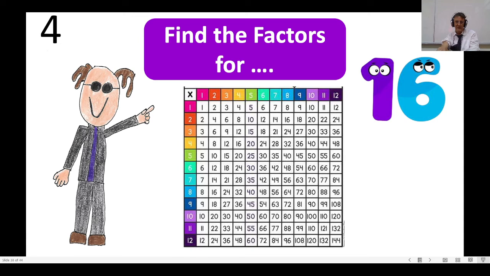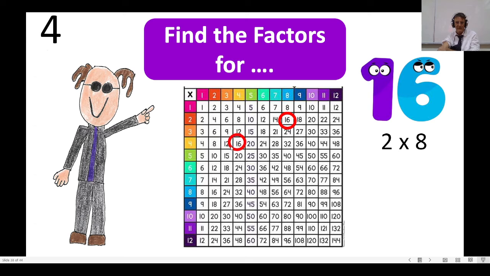Okay, so let's go along and have a look. We start with number 2. We go all the way along, and there is number 16 there. So 2 times 8 are factors of 16, 2 and 8. Are there any more? 3? No. 4?